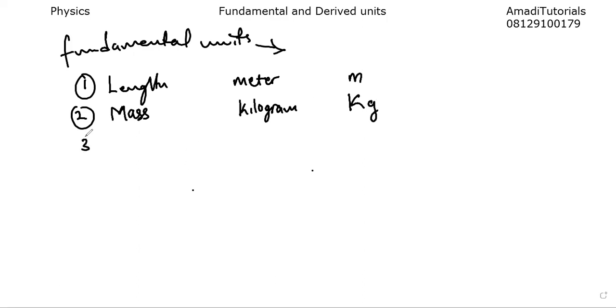The next one is time. And by the way, the definition of mass is the quantity of matter contained in a body. It's not weight. Mass is the quantity of matter that you can get from a body, not the weight.